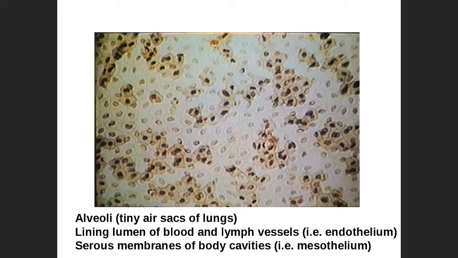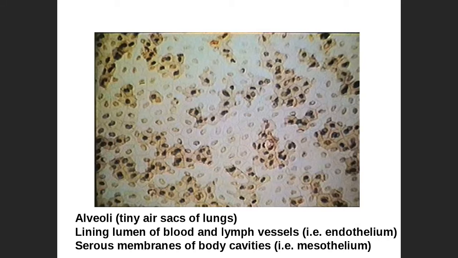The alveoli are the tiny air sacs of the lungs here. So this is a great place for filtration and absorption. You'll also find it lining the lumen of blood vessels and lymphatic vessels.